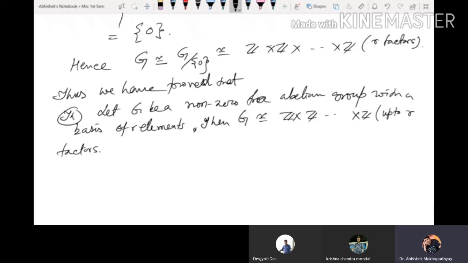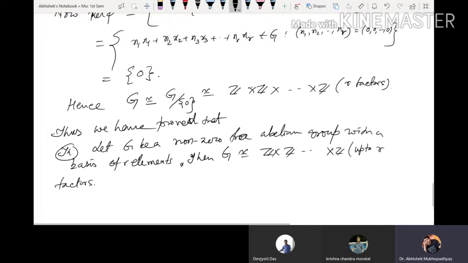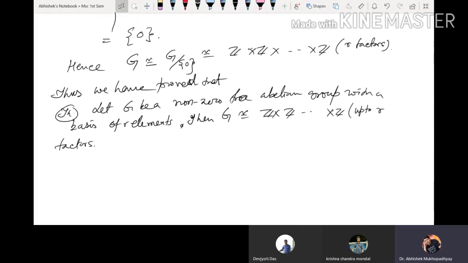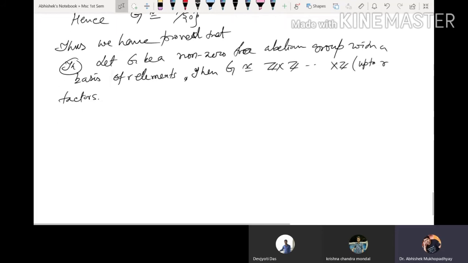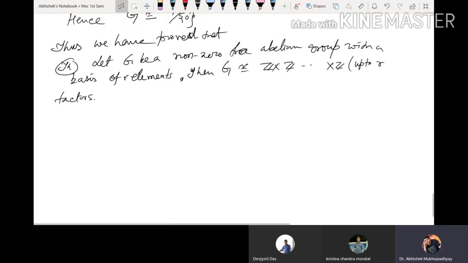Thus, we have proved that if G is a non-zero free abelian group with a finite basis having R elements, then G will be isomorphic to Z cross Z up to R factors. So this is a beautiful observation.